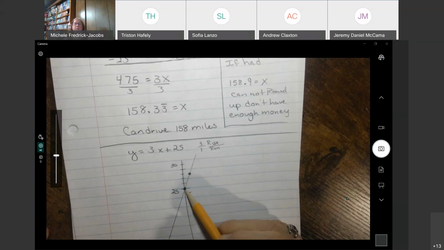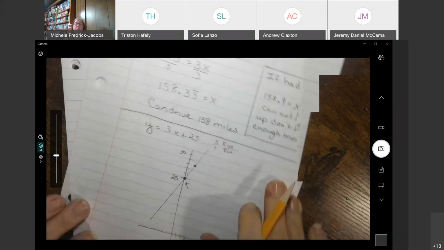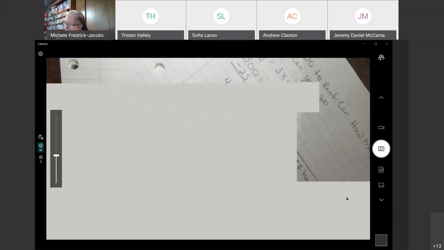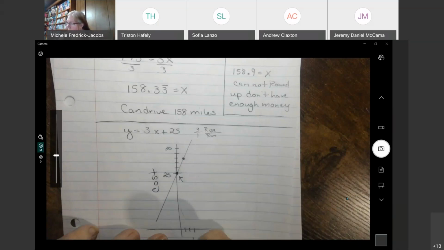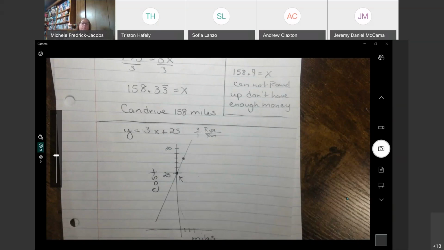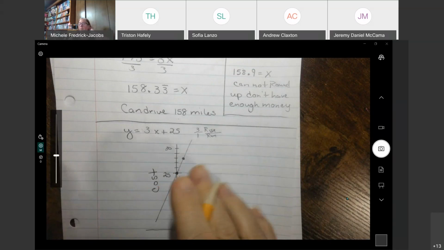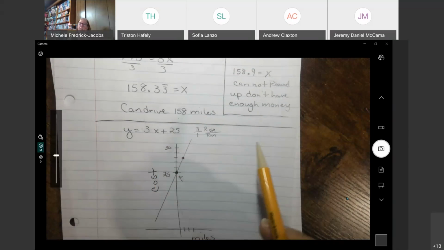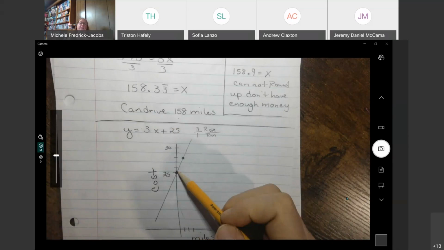So this point is if you drive no miles, it's going to cost $25 because this would be cost and this would be miles. But you don't need the graph. You only need the equation to explain it. But it's just explaining this point only.